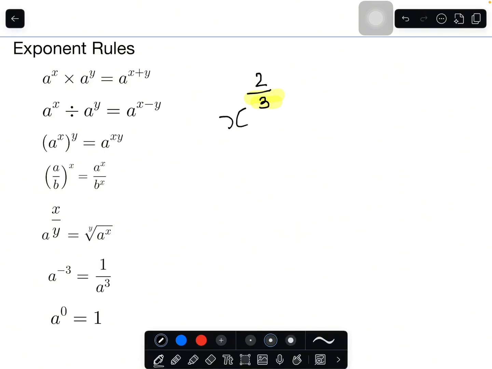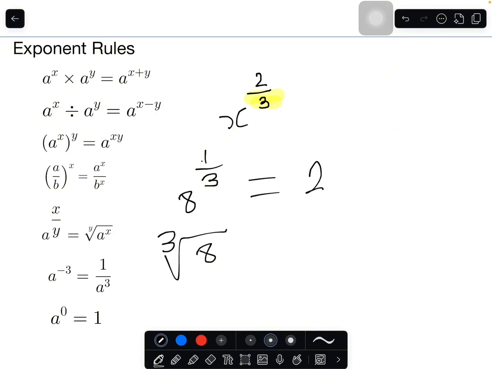If I have, let's say, 8 to the 1 over 3, if you put that into your calculator, you'll see it'll equal 2. And what's actually happening here is that we are saying the cube root of 8.